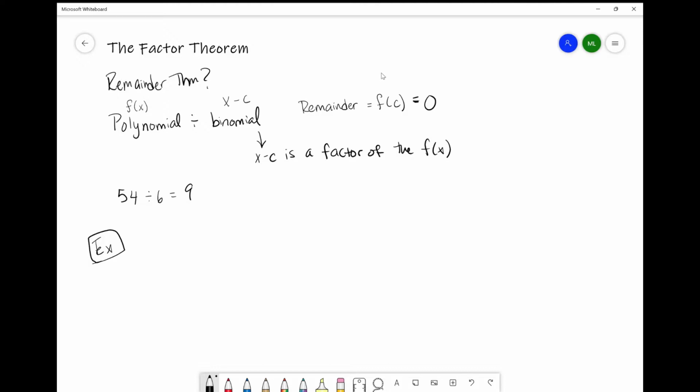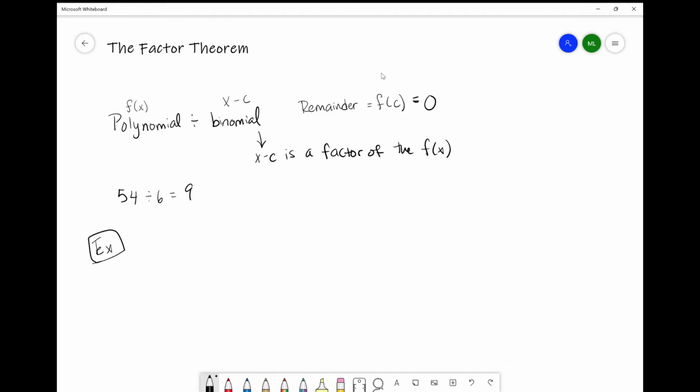I'm going to go ahead and erase this because we don't need this anymore. Oh, it's getting messy. Okay, we don't need the remainder theorem because this is basically the factor theorem. So let's work with an example.